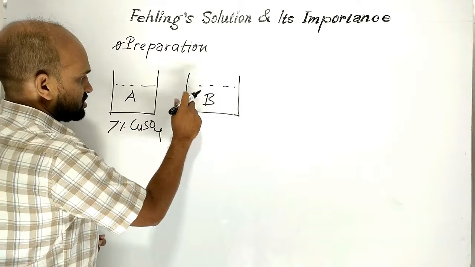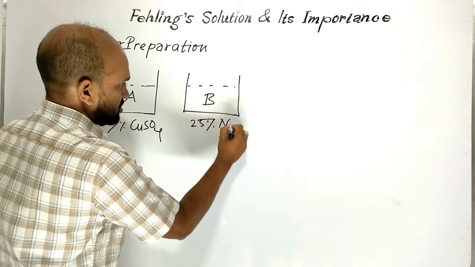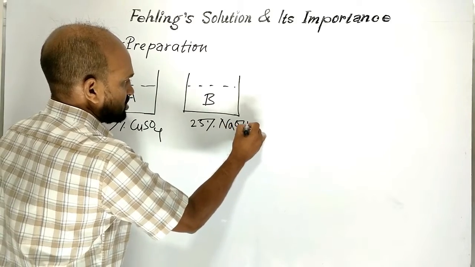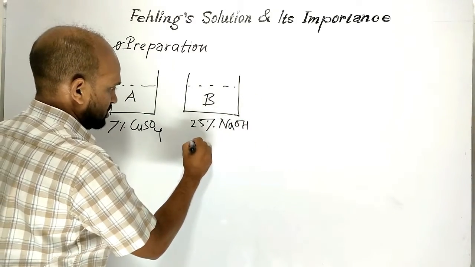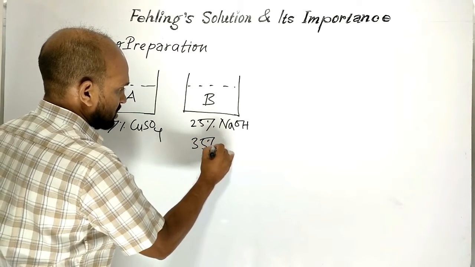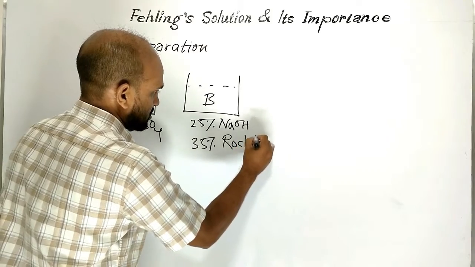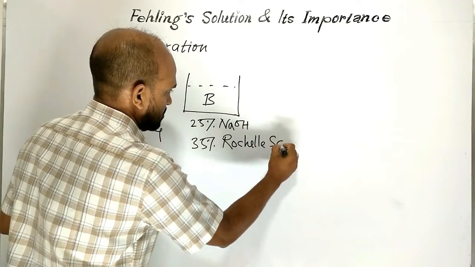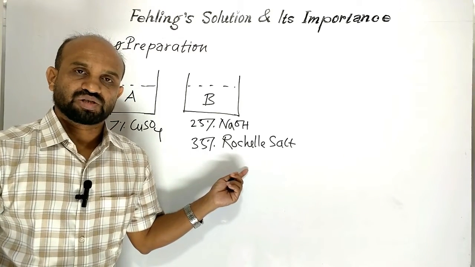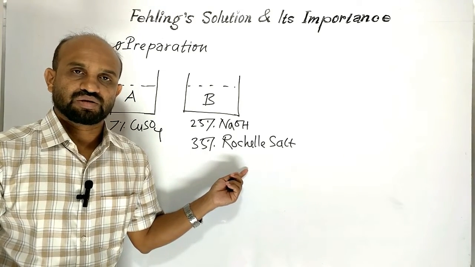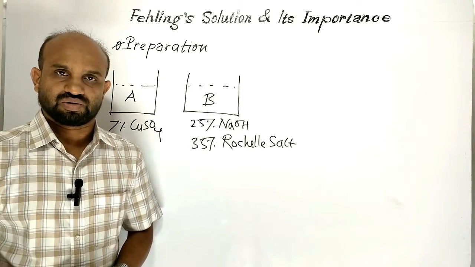B solution contains 25% sodium hydroxide or potassium hydroxide and 35% Rochelle salt. That is sodium potassium tartrate tetrahydrate, which is known as Rochelle salt.